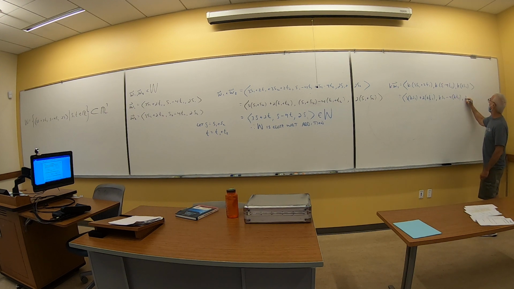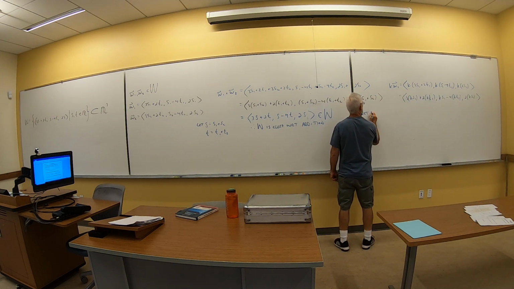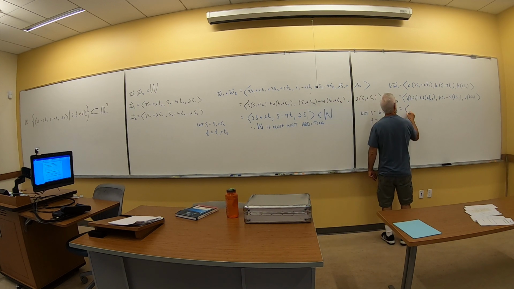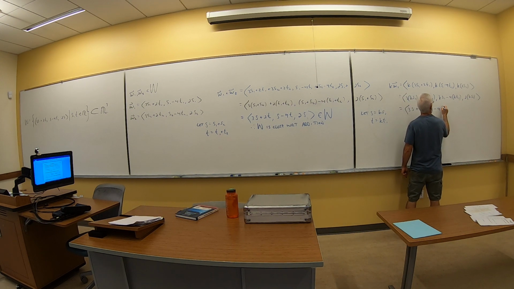And then the last one I wrote as 2 times ks1. So once again, if I let s be ks1 and let t be kt1, then this will become 3s plus 2t, s minus 4t, 2s.